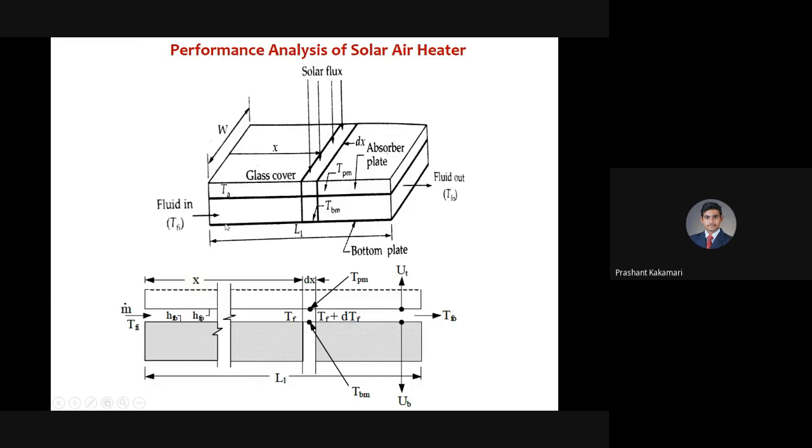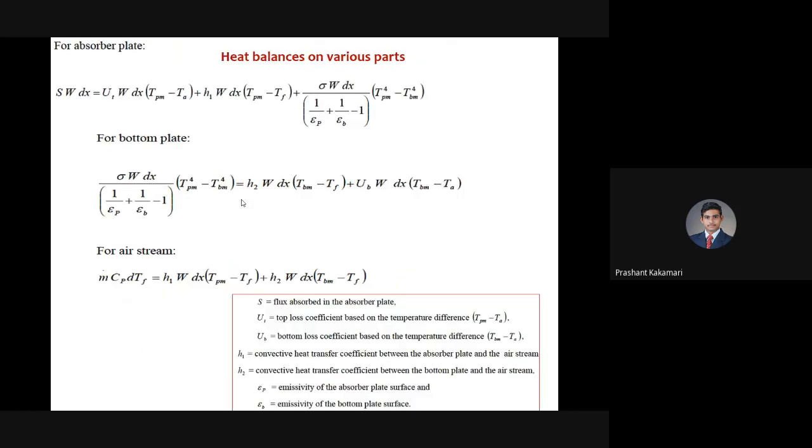And some heat is lost to the air. I hope you are getting it. And it is not losing heat to the plate. Why? Because the absorber plate will always have a higher temperature than the bottom plate when the solar radiation is taking place. So keeping that in mind, we have considered the heat is lost to the insulator or insulation.